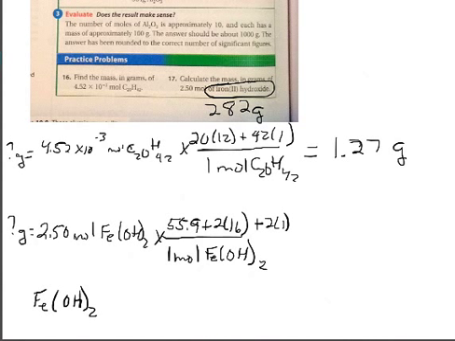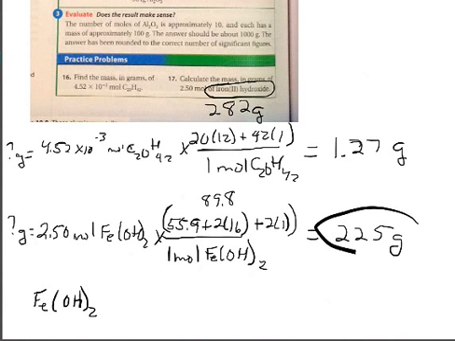If you calculate all that, that should be 89.8. Now be aware that if you write it this way and then try to do it all on the calculator at once, make sure that you think of it as having parentheses all the way around it. I think you're actually better off calculating it and then writing it on top. That's the way I usually do it. When I take 89.8 times 2.5, I get 225 grams. Okay?